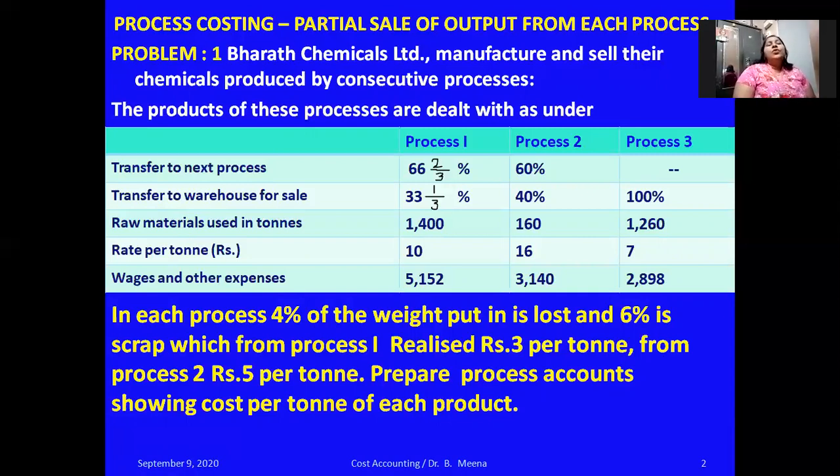So you simply calculate what is the output of each process. In that output, you please apply the percentage or the proportion. What is to be transferred to warehouse? What is to be transferred to the next process? Okay, so this is a model problem, how to prepare a process account when we have a partial sale of output from each process.